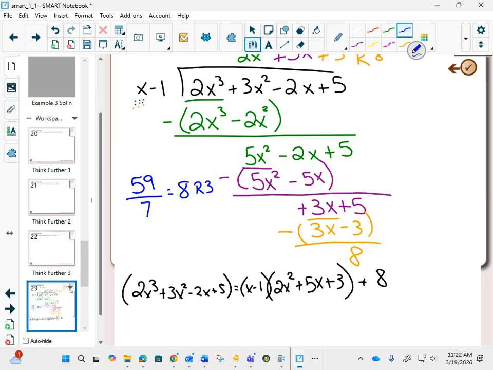Right? A couple of things mathematically. So this means that 59 is equal to 7 times 8. That's not quite close enough. You have a remainder of 3, plus 3. It also means that if I wrote it out originally like this, 59 divided by 7, it's equal to 8, and the remainder of 3 still needs to be divided by 7 to get a decimal.